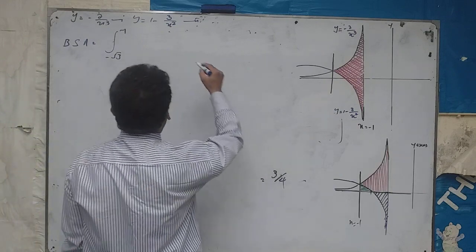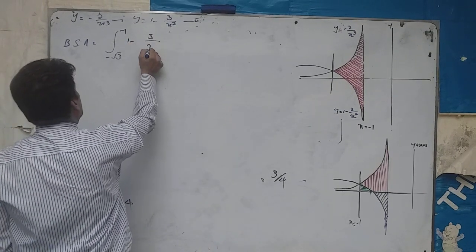We use the curve 1 minus 3 over x squared.